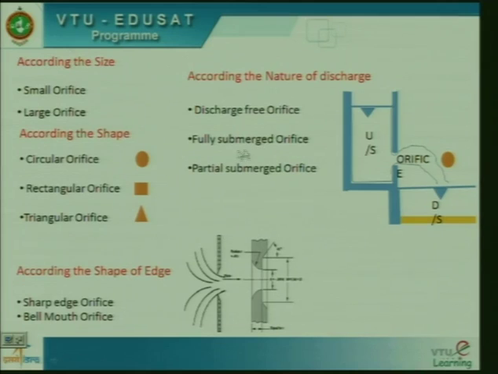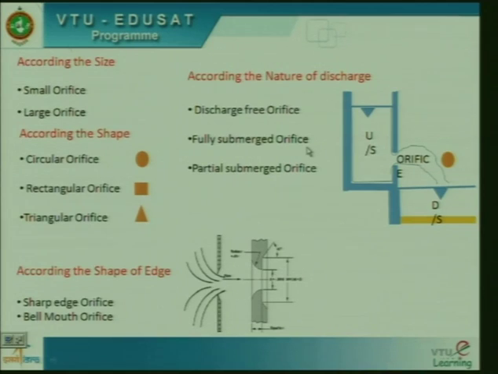Now, when we call it a submerged orifice, suppose the water level here is above the top edge of this orifice. Remember, this is the bottom edge, this is the top edge. If the water level is above the top edge of the orifice, it is completely submerged. On the upstream side you have water, and on the downstream side also up to this level you have water. Then we call it a fully submerged orifice.